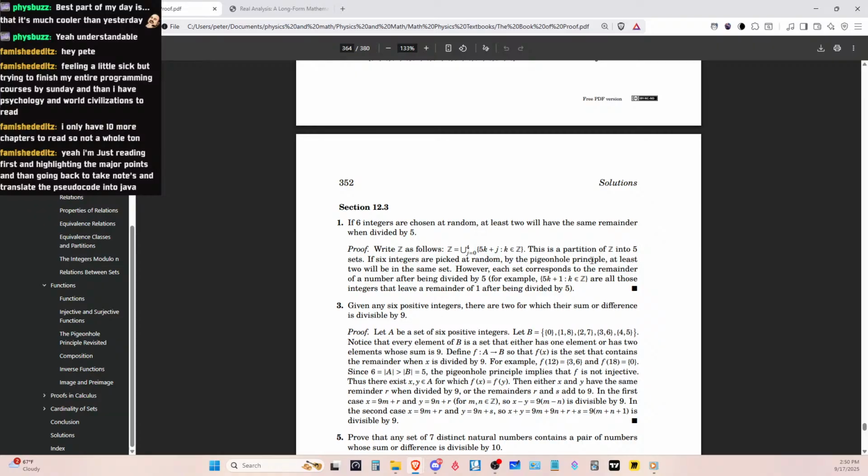By the Pigeonhole principle, at least 2 will be in the same set. However, each set corresponds to the remainder of a number after being divided by 5. Of all those integers, that leaves a remainder of 1 after being divided by 5.